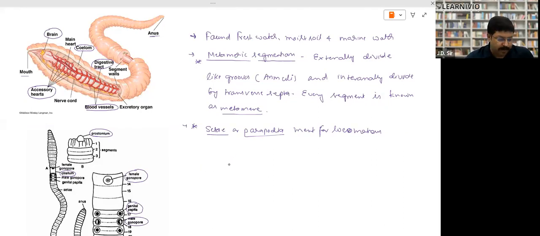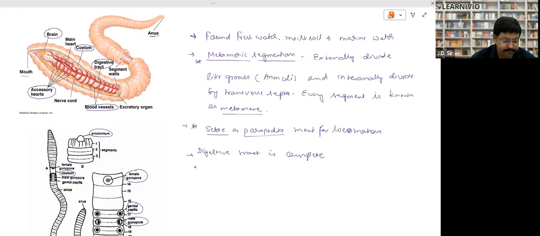So CT or parapodia are the structure which help in the locomotion and movement. Digestive tract is complete. I have already told you, as mouth and anus is present, so obviously digestive tract will be complete.